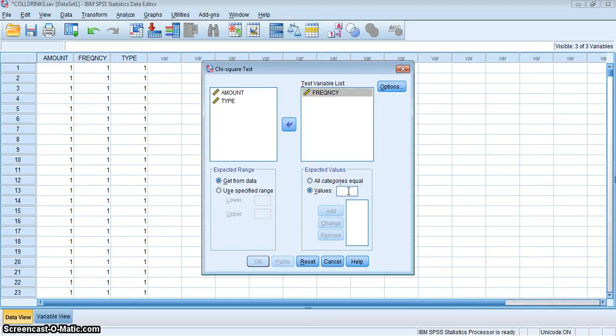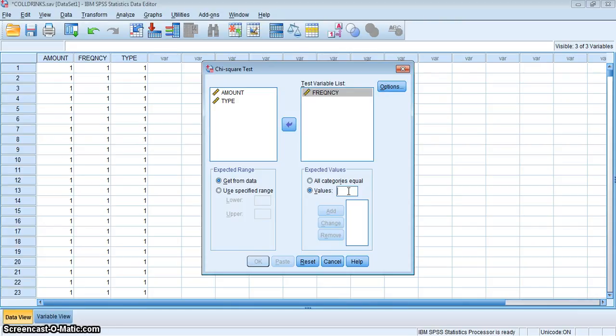So what I need to do is enter in those proportions from the null hypothesis, and I have to enter them in the order that is expected by SPSS, which is numerical or maybe even alphabetical order. In this case, it's numerical.